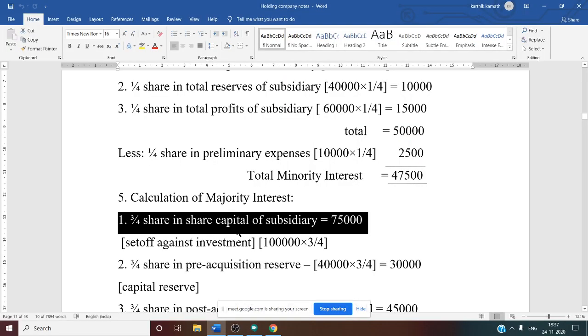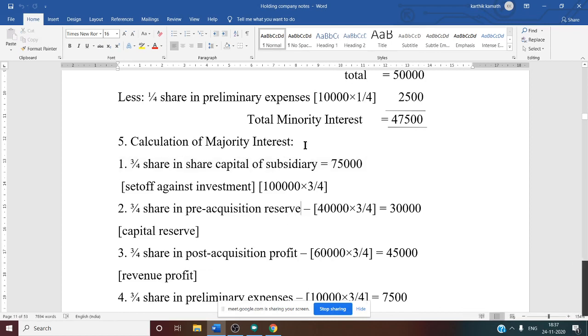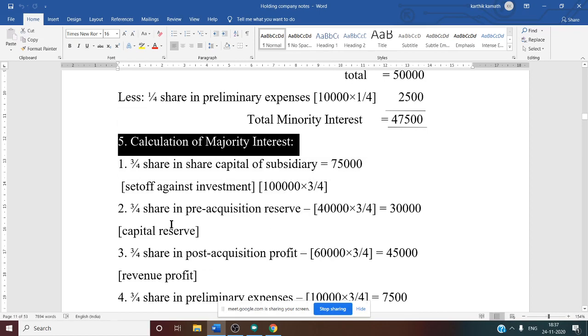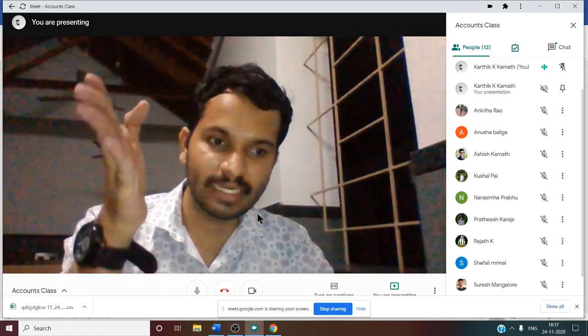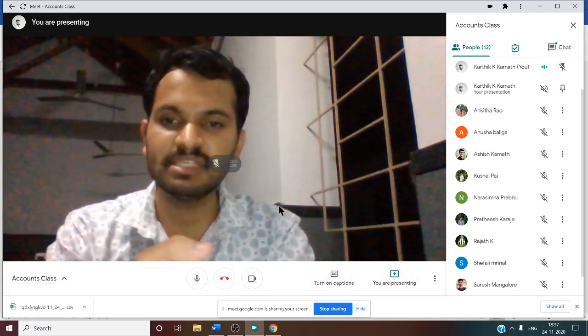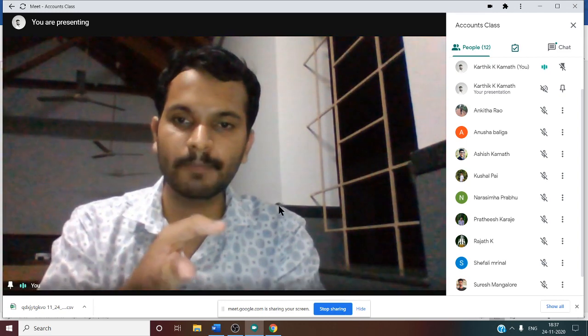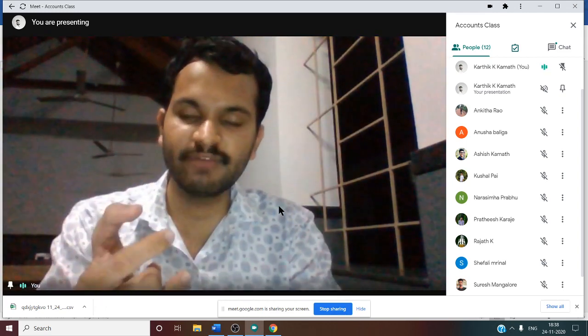So now calculation of majority interest, first one we have discussed. Then second one, for the purpose of majority interest calculation, we want separately. How we have calculated minority interest? Total amount. Now for majority, we want pre-acquisition reserve separately, post-acquisition reserve separately, pre-acquisition profit separately, post-acquisition profit separately.